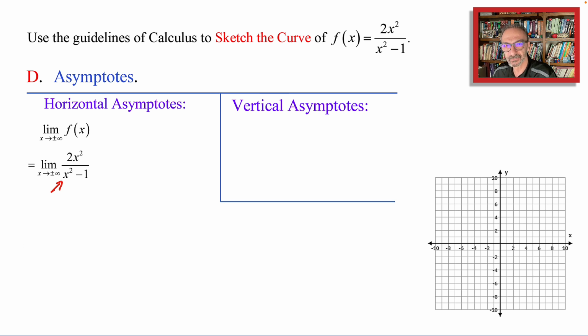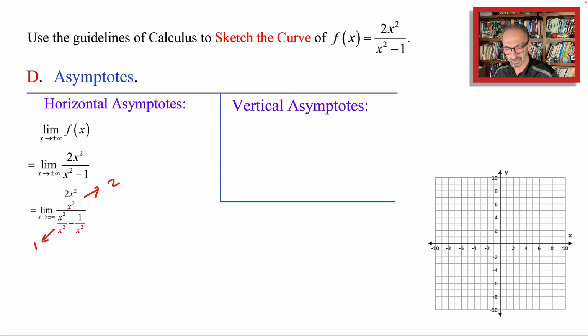So we divide the numerator and the denominator by x squared, every single term. This is what happens. We have 2x squared divided by x squared, we have x squared divided by x squared, and we have 1 divided by x squared. This simplifies to 2, and this simplifies to 1.